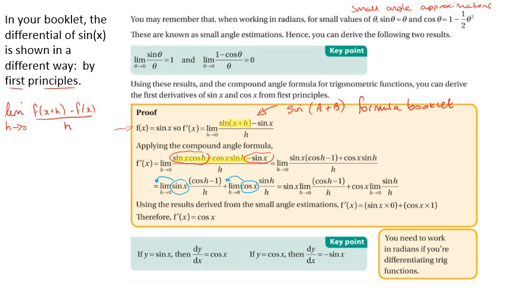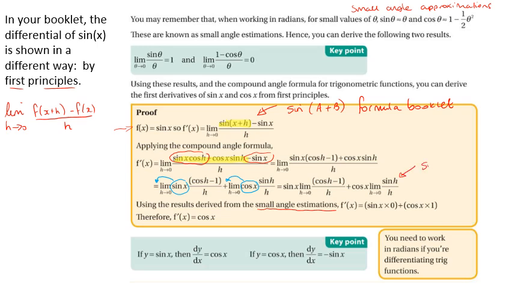Now on the next part in the booklet, they've jumped straight into this last bit. What they've done here is use the small angle approximations. They've called it small angle estimations. If theta is really small, and we're using h here, so if h is really small, sine of h is approximately equal to h.